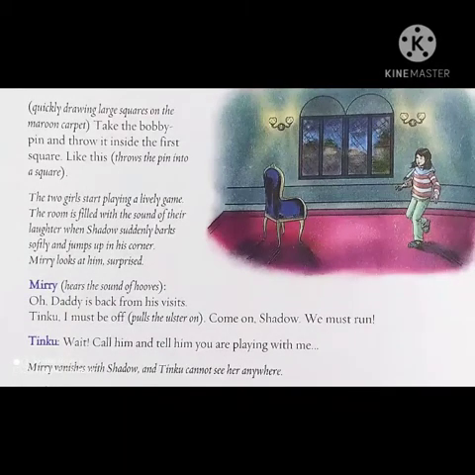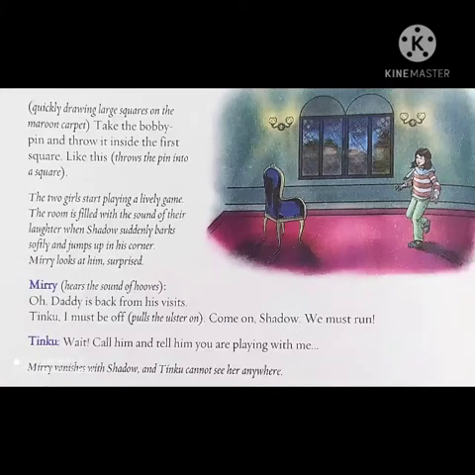Miri looked at the dog in surprise and said, "Oh, my dad is back from the visit. He came back. I can't stay here any longer." And she pulled her ulster on and asked Shadow to go with her. And she said, "Come, run with me." Tinku was calling behind, "Wait, wait, we will play.